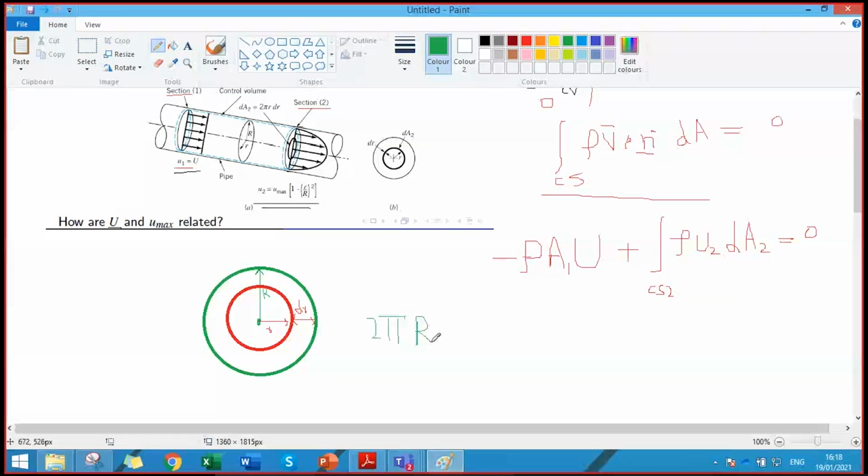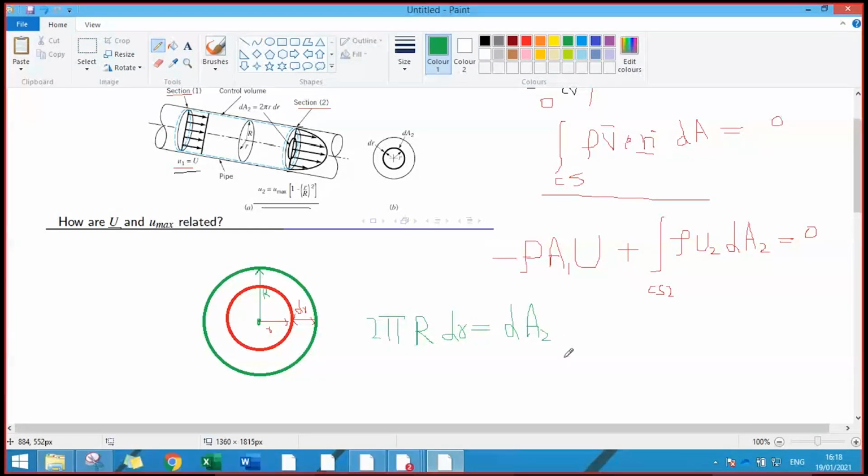And multiply that boundary with the change in radius, that is dr, right? So this will be the region of the donut between the two circles. And I say this area is equal to dA2, the area variable.